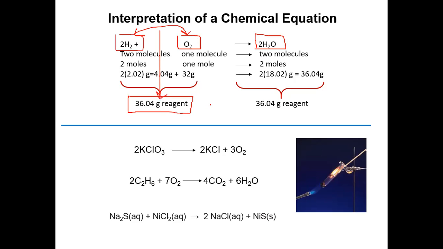So in terms of grams, if you look at the right-hand side and just calculate the mass of 2 molecules of water, you are going to have the same amount of product. So whatever amount of chemicals you take on the left-hand side, you should end up with exactly the same amount on the right-hand side in terms of mass.